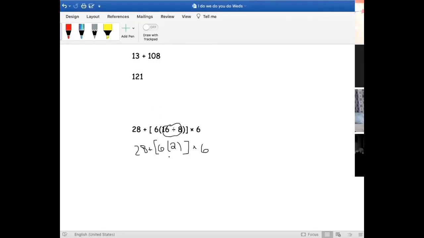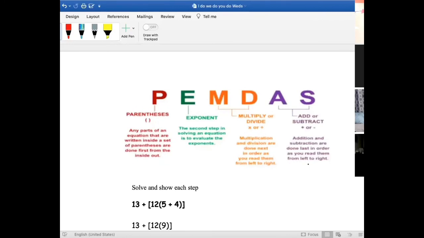Yeah, 6 times 2. Good job. Yep, 6 times 2 is what? 12. Now I'm going to rewrite the rest. I solved everything that's in the brackets so they disappear. Times 6. Very good job.